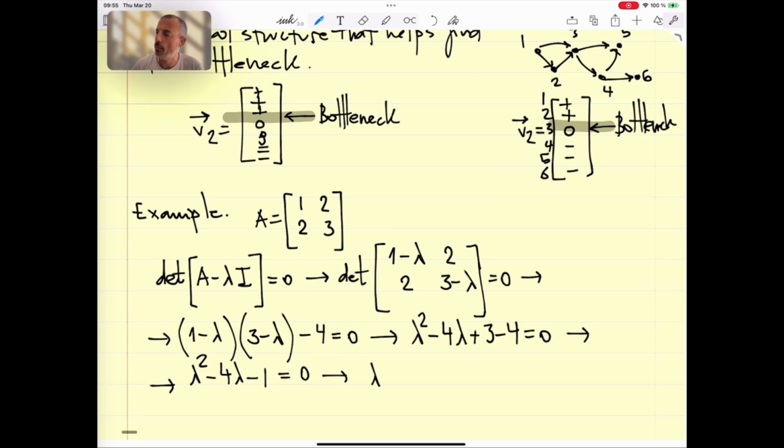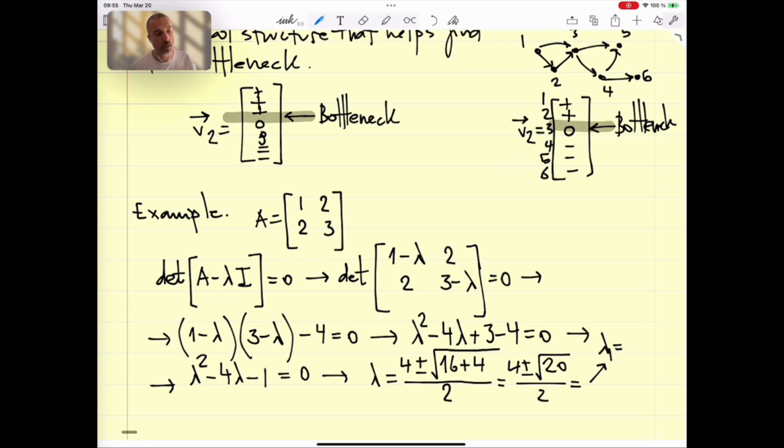So lambda takes the values of 4 plus minus the square root of 16 plus 4, divided by 2. Okay, so 4 plus minus square root of 20 divided by 2. So you get lambda 1. I'll take a calculator.